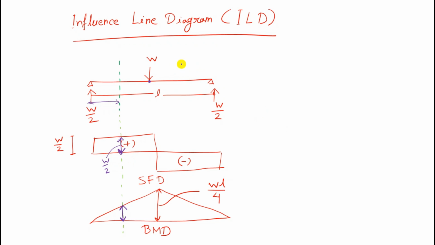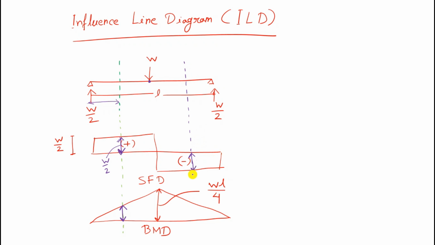If I consider the section at a different place, suppose this is another place, and I want to know the amount of shear force produced at this section of the beam, then we have to simply go through this diagram, and this height represents the value of the shear force at this particular section.